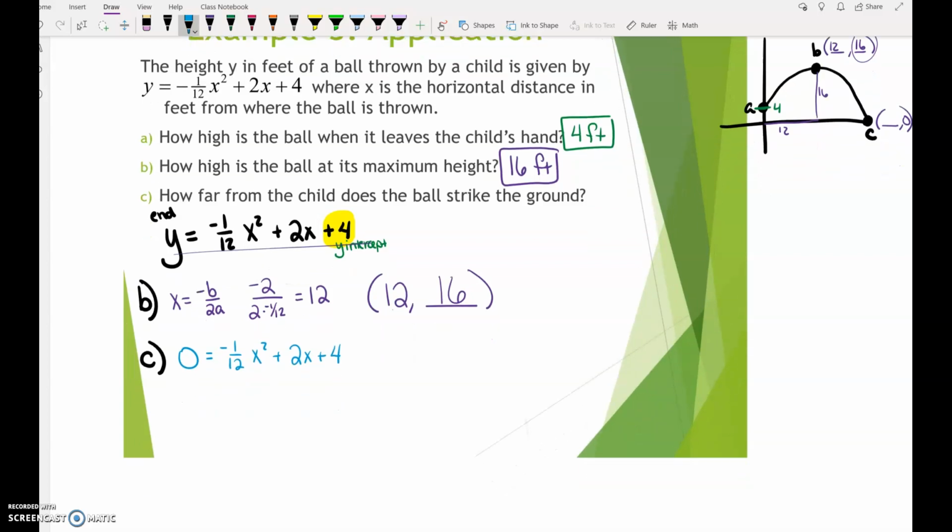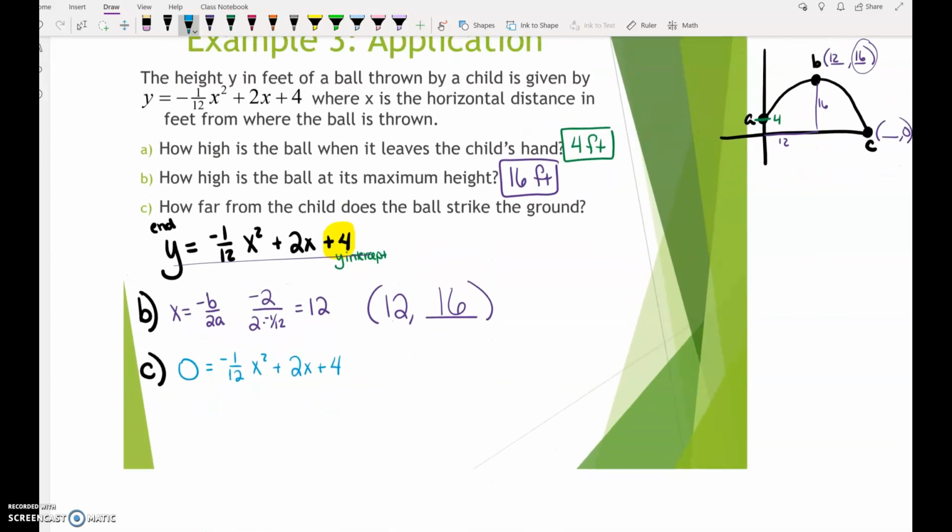That means we need to use the quadratic formula. So you might have to look back at your notes to find the equation for the quadratic formula. We need to do x equals the opposite of b plus or minus the square root of b squared minus 4 times a times c all over 2 times a.